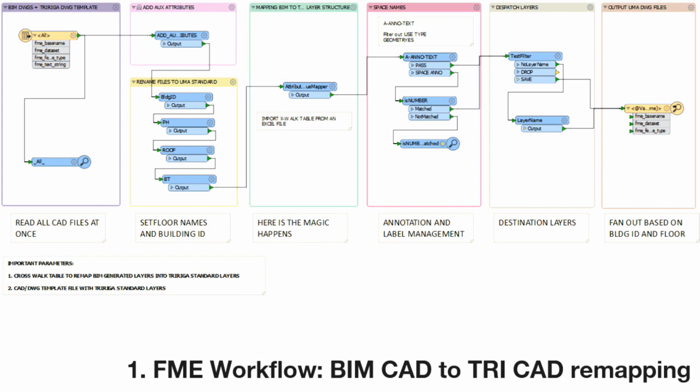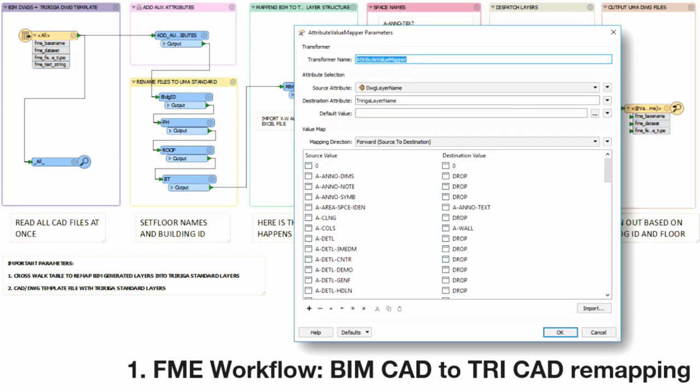And then we had to create a big crosswalk table, because you're going from 72 different layers down to 25. We had to create a crosswalk on which ones are going to which and map that all out. Then basically make sure that we pull out all the annotation and label management, and then send it to the destination layers, and then fan it out to the building and floor.